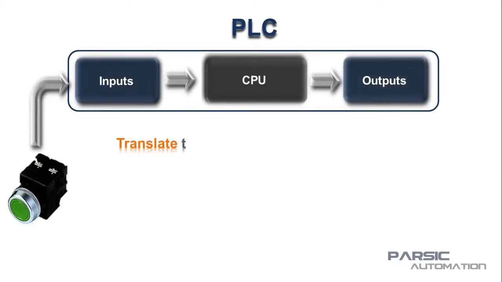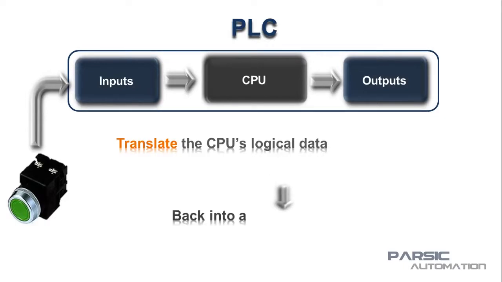Outputs are used to translate the CPU's logical data back into an electrical signal for use in the industrial process. This is because industrial processes use electrical signals to operate, instead of the logical data that a CPU outputs by default.